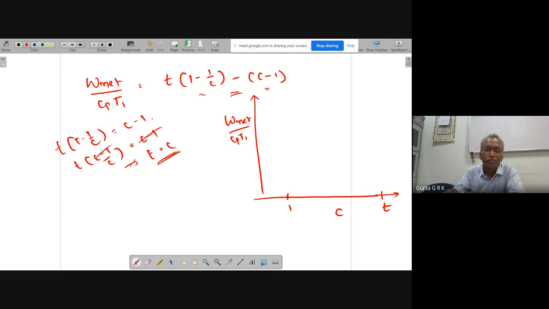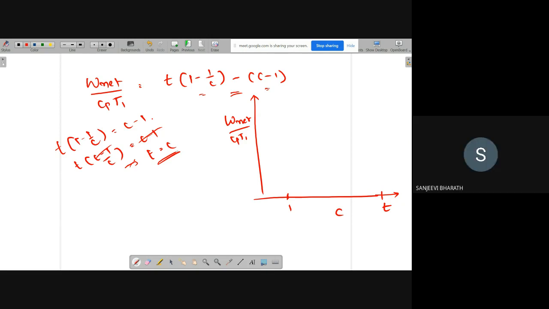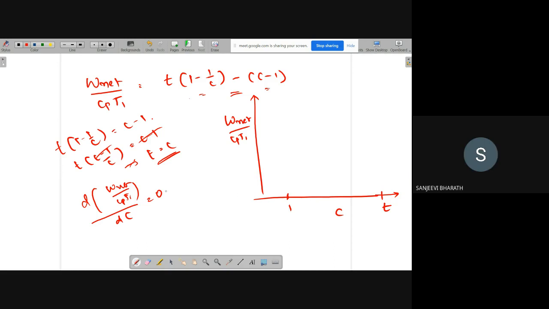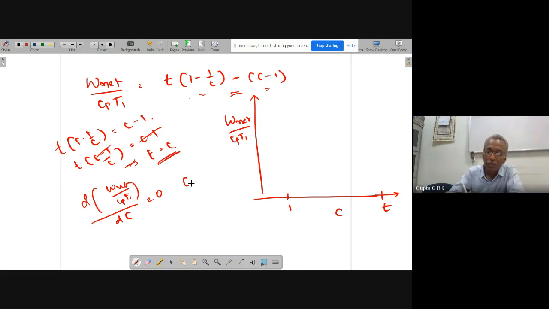What should I do? Differentiate this with respect to C. So d of (W net by Cp T1) by dC is equal to 0. Can you tell me the value of C? Root T, sir. Yes, C optimum is equal to root T. How?